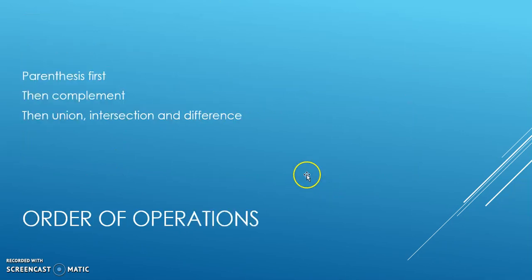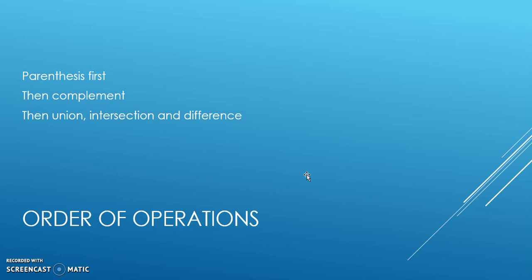Okay, what if you have several operations to be done on sets? What order do you do them in? We have a specified order for doing things with numbers and addition, subtraction. What's the order for operations? Well, just like with numbers, if you see parentheses, take care of the parentheses. If you see parentheses within parentheses, do the innermost first and work your way outwards.